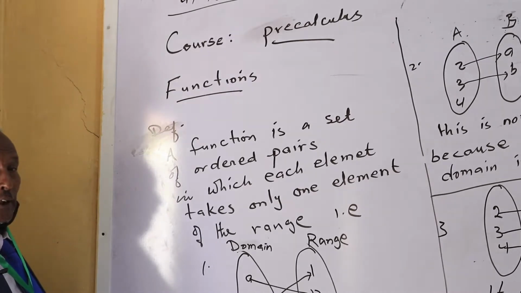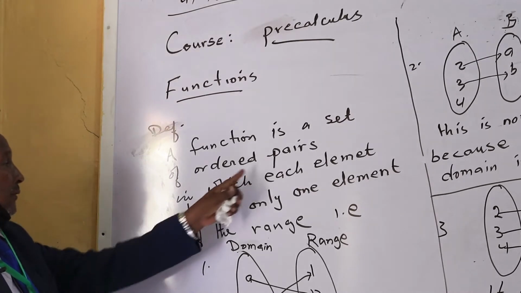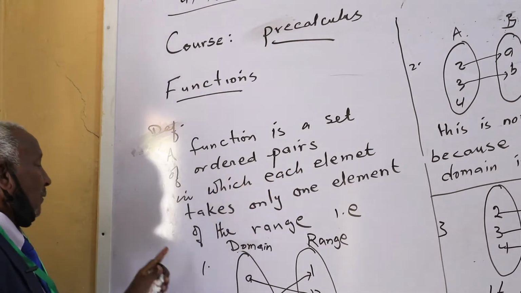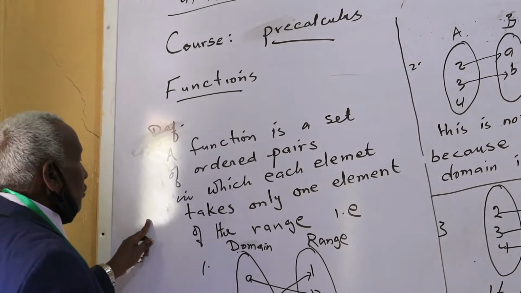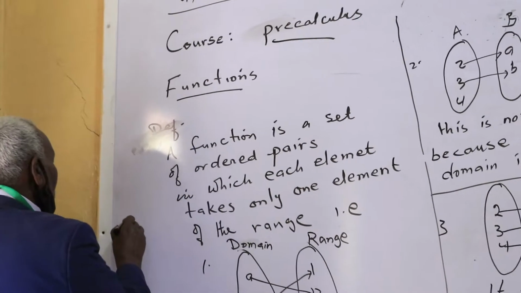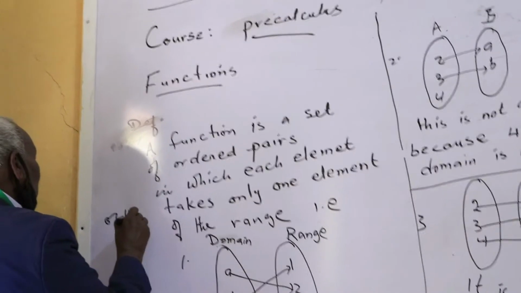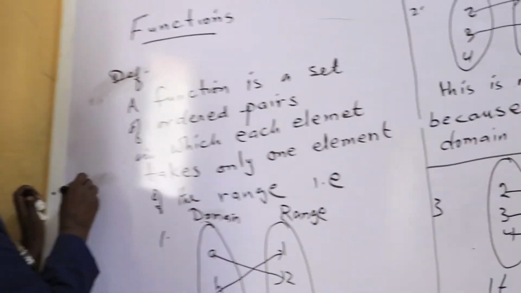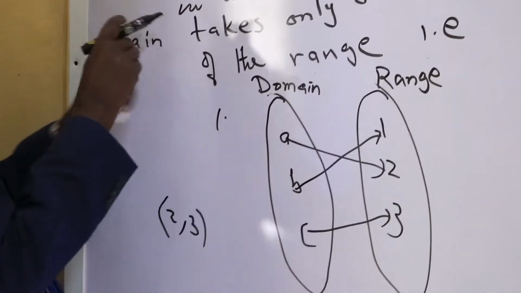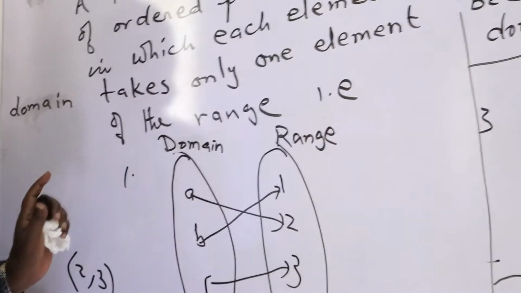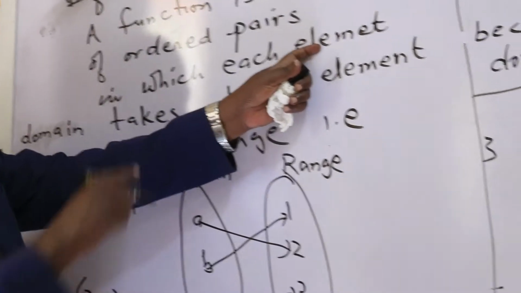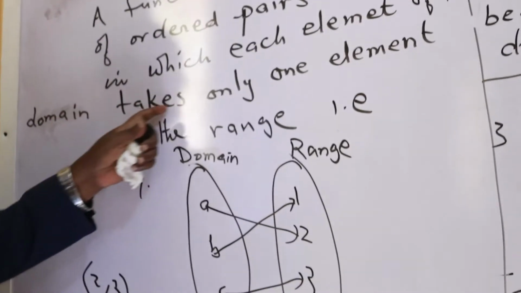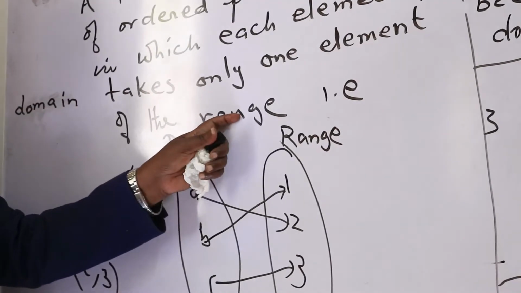This is an ordered pair, in which each element of the domain takes only one element of the range.